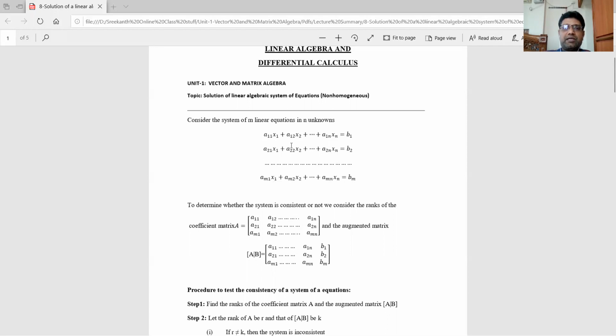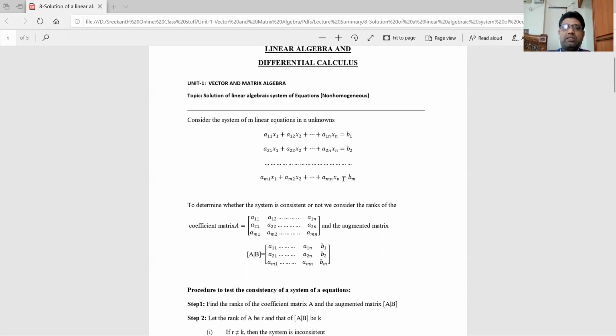This system comprises a total of m equations, and how many unknowns? n unknowns: x1, x2, and so on, xn.